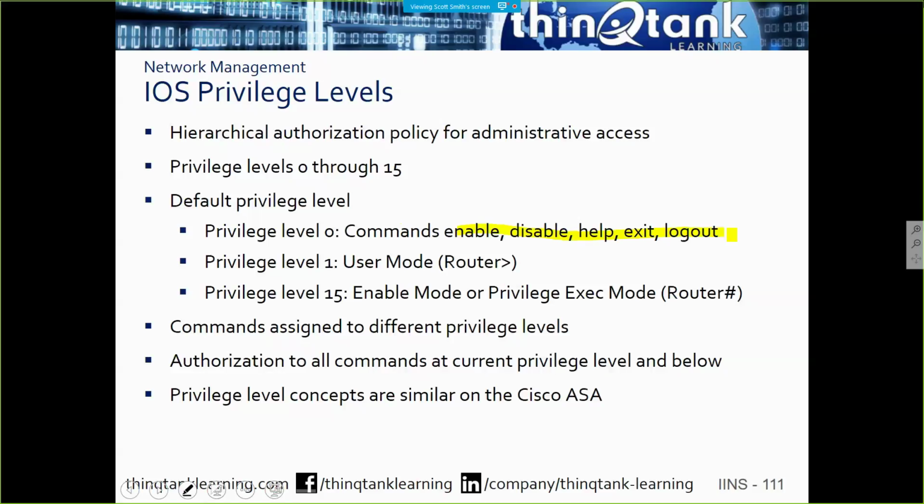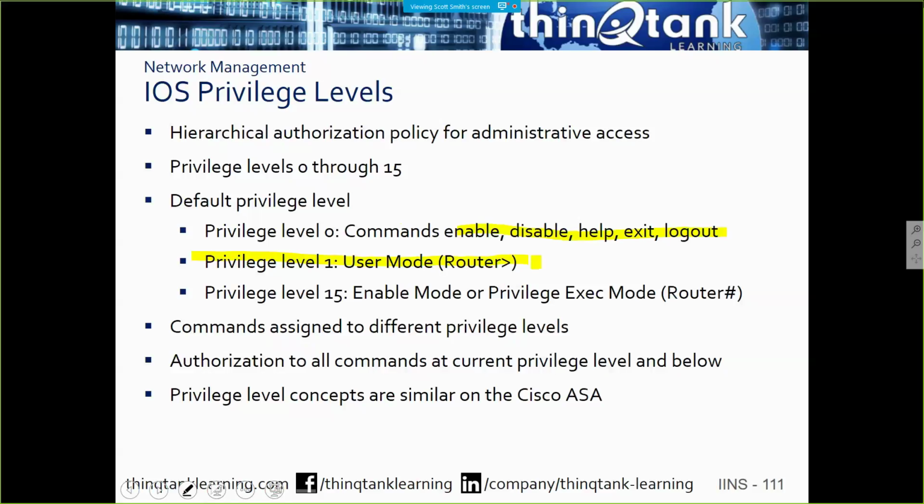So being in level 0 doesn't give you access to anything. You can't even do show commands in level 0. So nobody ever really goes to level 0 in a Cisco device. When you connect to the console port of a device, or at least by default, you go into something called user exec mode, which is privilege level 1.